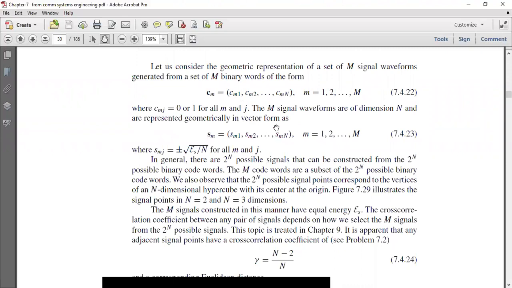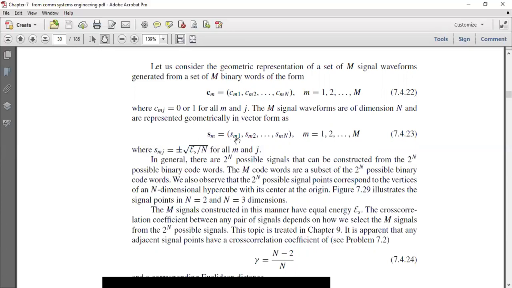Let us consider the geometric representation of the set of m signal waveforms generated from a set of m binary code words. These are the binary code words, and the corresponding m signal waveforms are of dimension n and are represented geometrically in vector form.